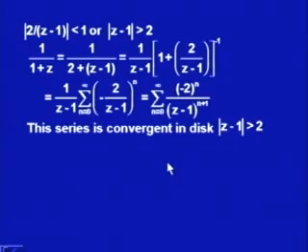So, we have one representation inside |z−1| less than 2, and this is the representation when |z−1| is greater than 2.